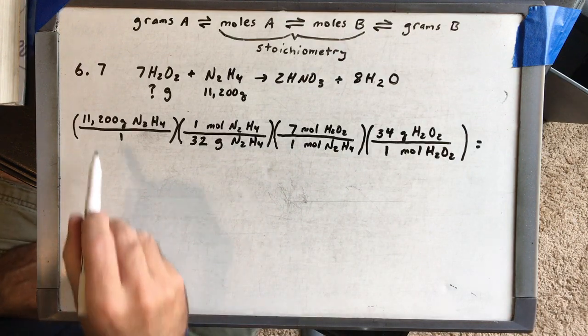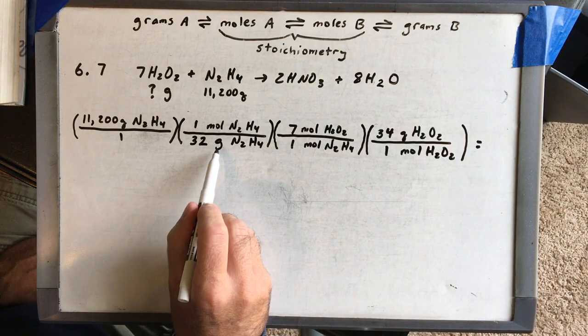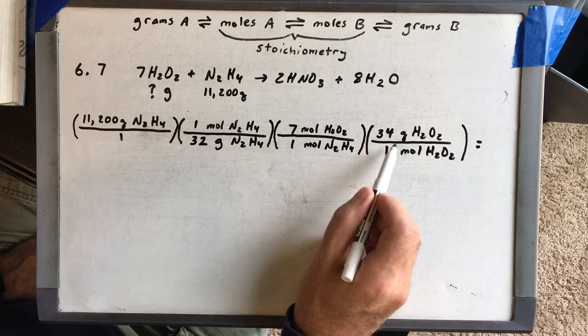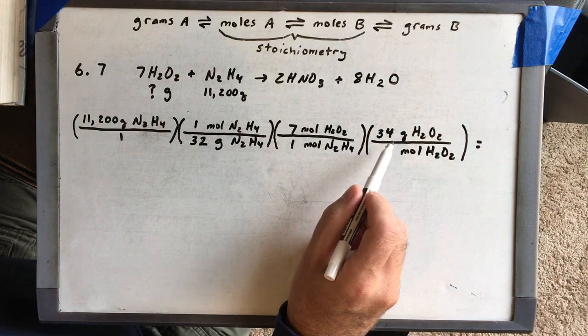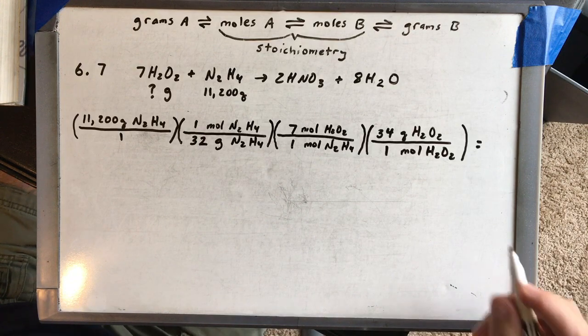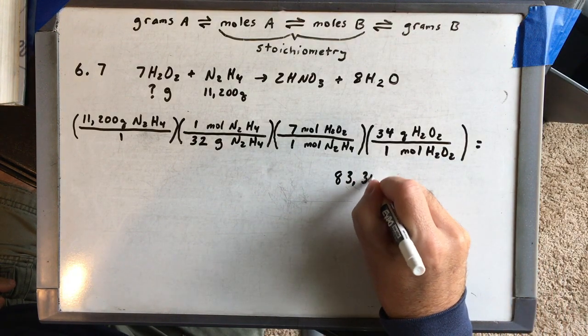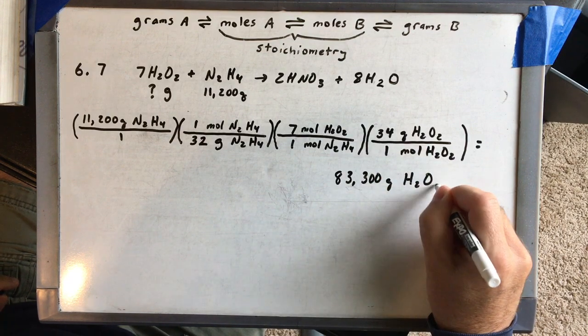So in your calculator, do 11,200. Divide that by 32. I usually then hit the equal sign. Multiply that number by 7. And then multiply that number by 34. The answer you should get is 83,300 grams of H2O2.